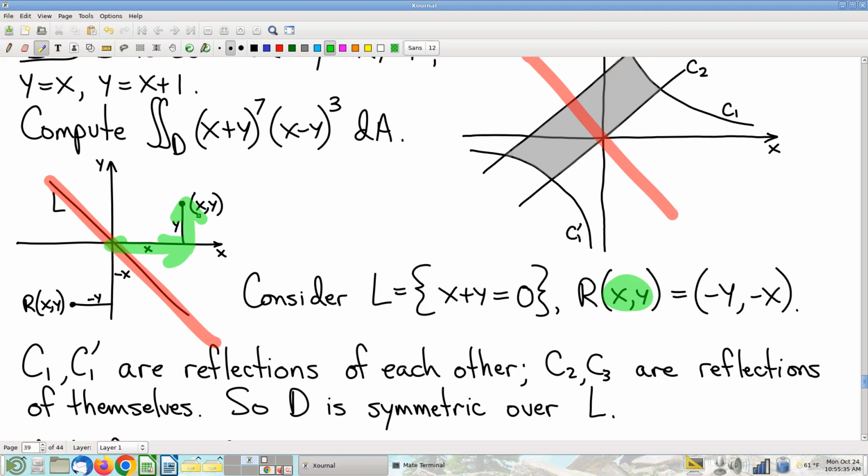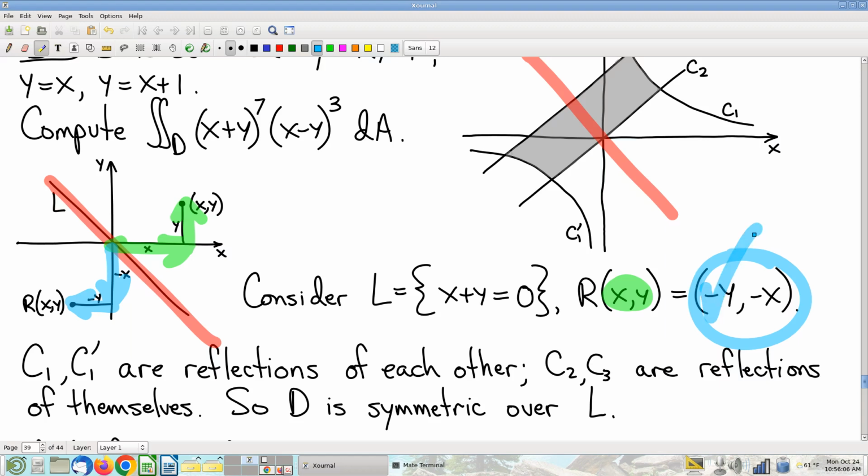It's a relatively easy pitch to reflect that rectangular frame over the red line here, because it's a 45-degree line. From that, you can just look at the picture and see that the x-coordinate of this reflection point is clearly negative, and it's the negative of the y-coordinate of the original point.